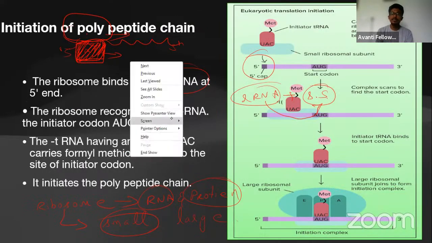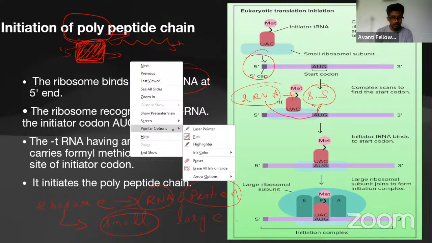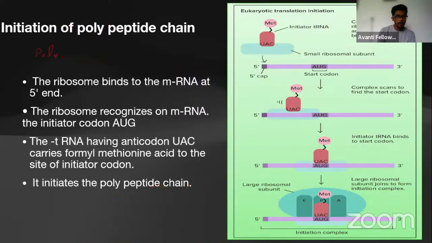This is called a polysome. What is a polysome? A polysome is an RNA plus ribosome. This complex, an RNA along with the ribosome, is called a polysome. So this is created. Clear now, guys?